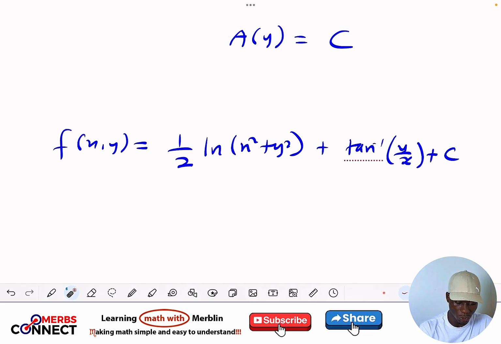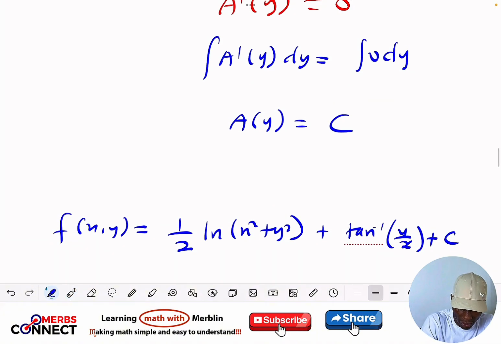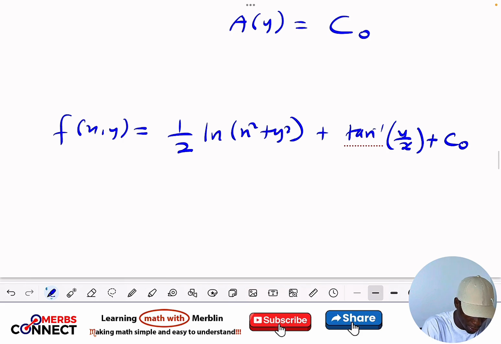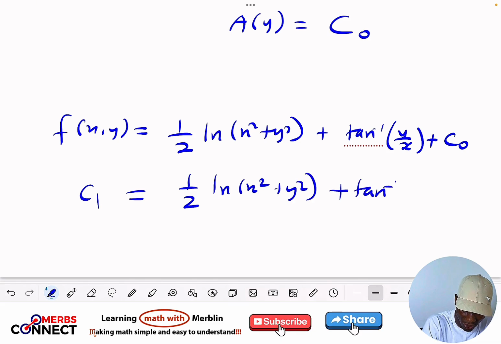Now what we just need to do is, let me make this one c naught, so that I can now change my f of x y to c1 because it's supposed to be a constant, and then this is 1 over 2 natural log of x squared plus y squared plus tan inverse of y divided by x plus c naught.